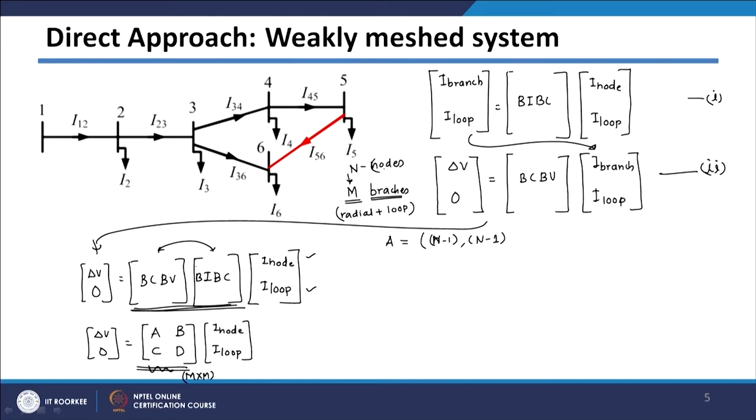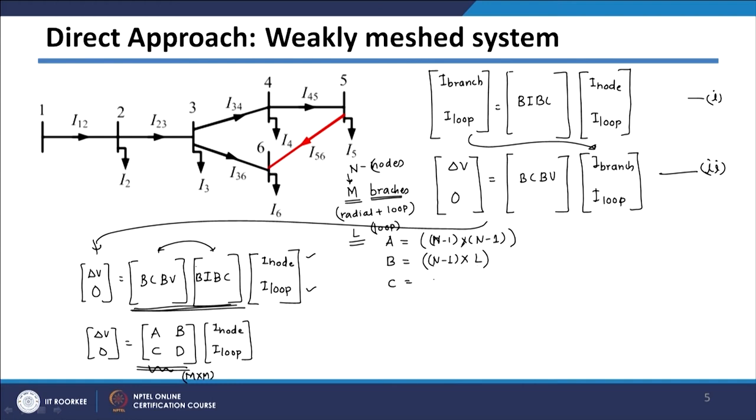The size of the B matrix will be n minus 1 rows, and say L number of loops are there, then L columns will be there in the B matrix.